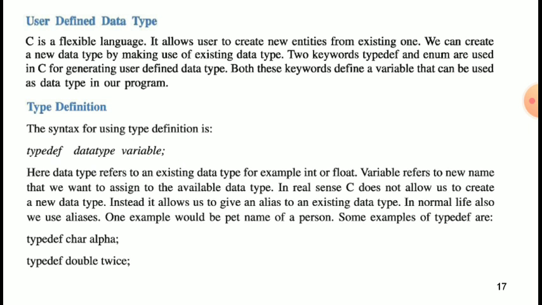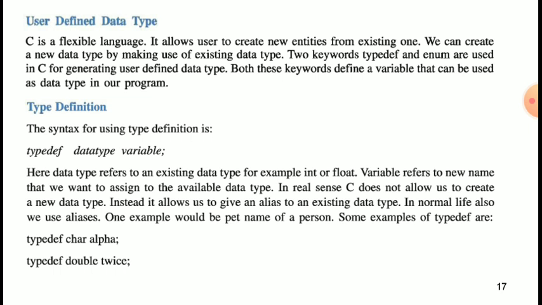One can create a new data type by making use of an existing data type. There are two types of user defined data type in C. First is type definition, that means typedef, and second is enum.